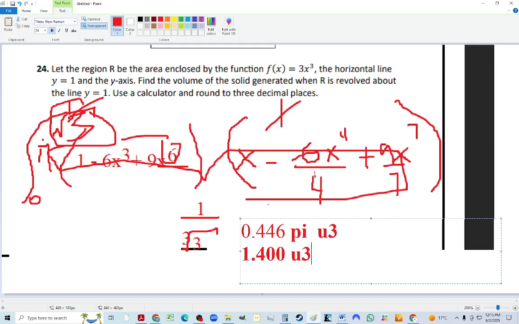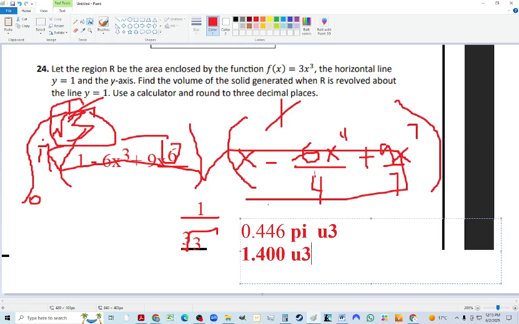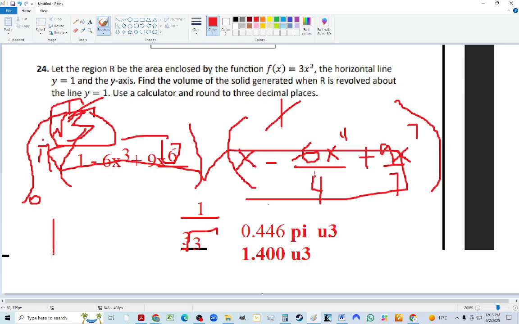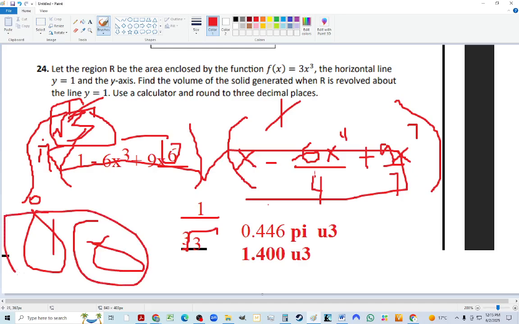There's weird arguments that I actually have to find 1 minus this. That you're supposed to take the outer radius minus the inner radius, but quite honestly, the outer radius is 1 minus that. So I believe I've already done that. If you ask AI, you get a weird interpretation of that.